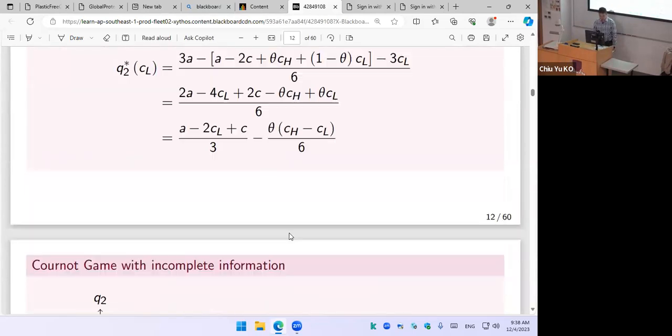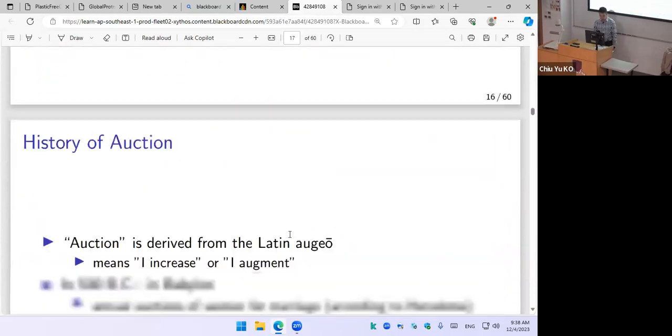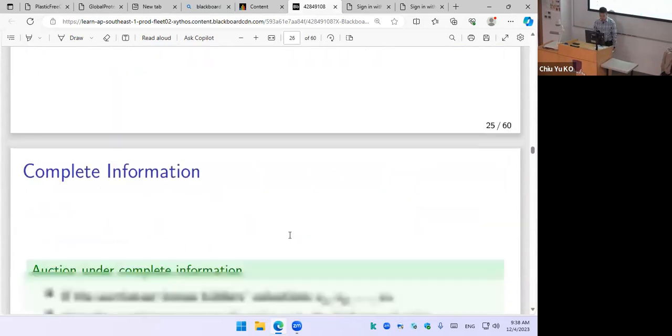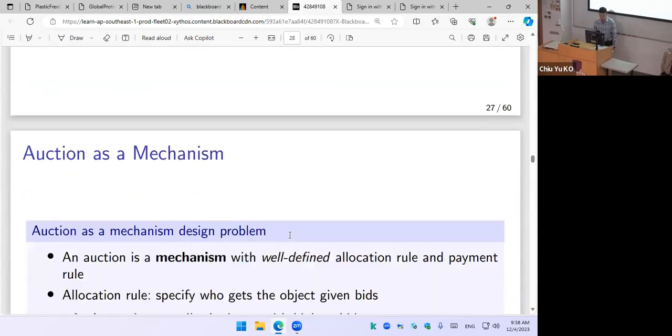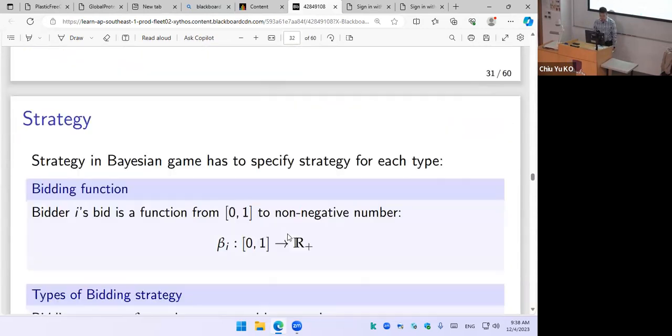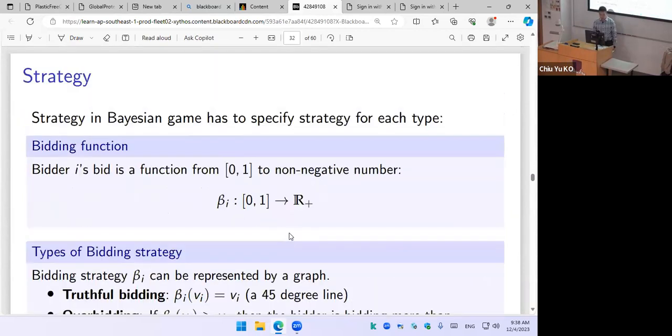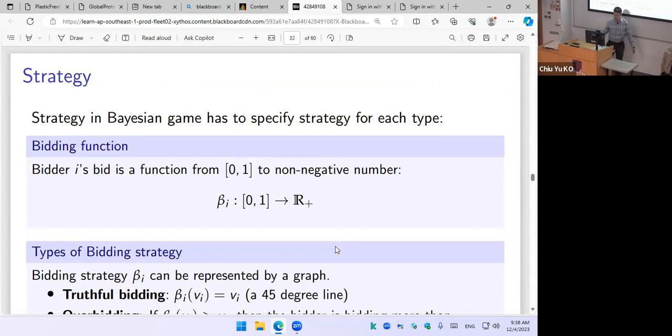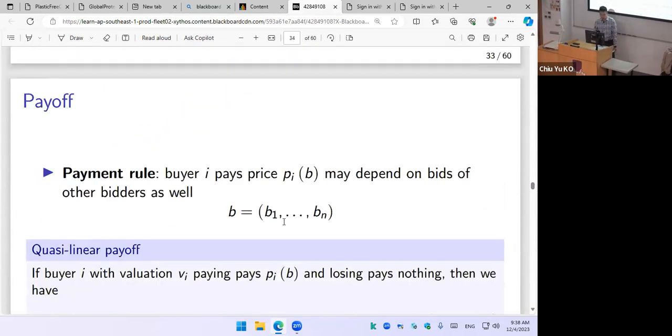Okay, so now just to remind you what we saw in the second price auction. The strategy is truthful bidding.